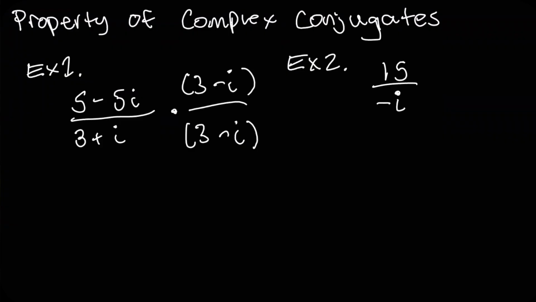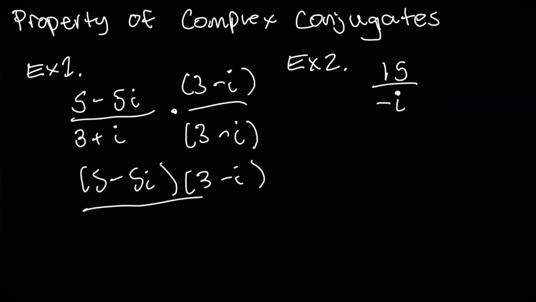If we multiply that on the bottom and the top, what we'll be left with is 5 minus 5i times 3 minus i, and then our bottom is going to turn into 9 minus i squared. This is similar to one of the properties that we looked at previously.